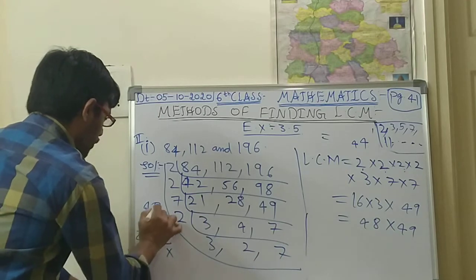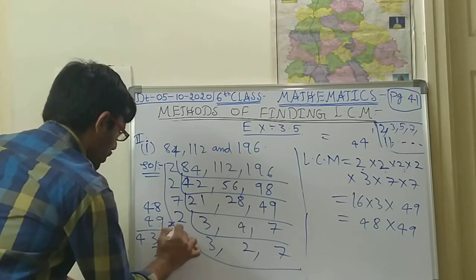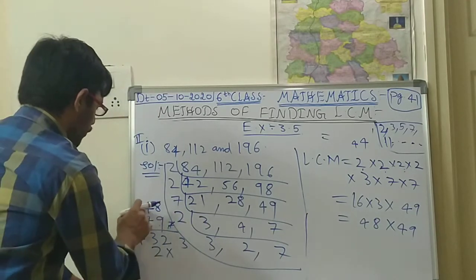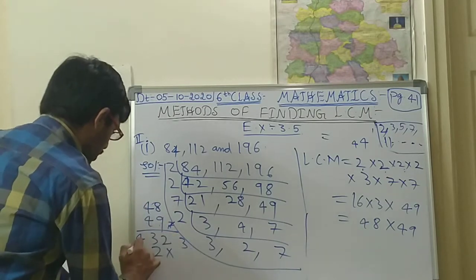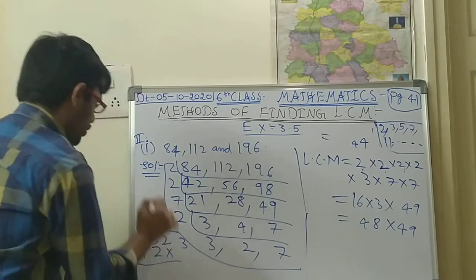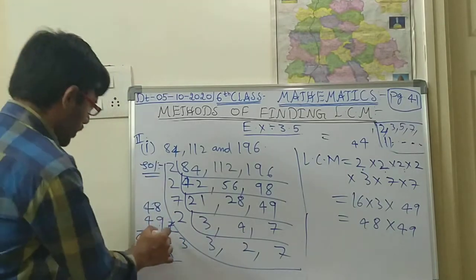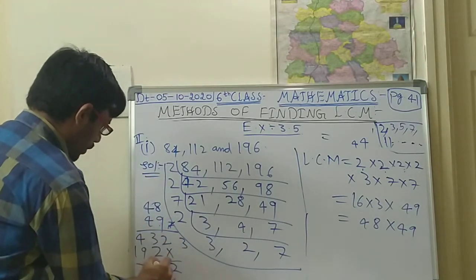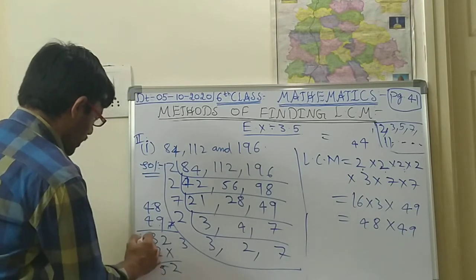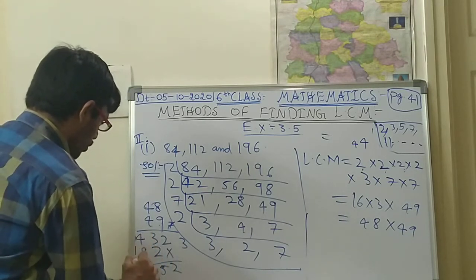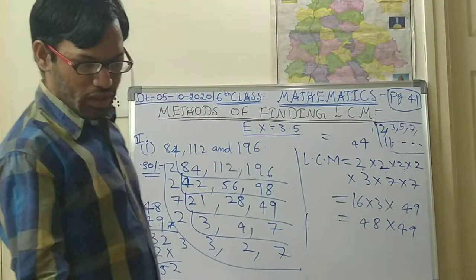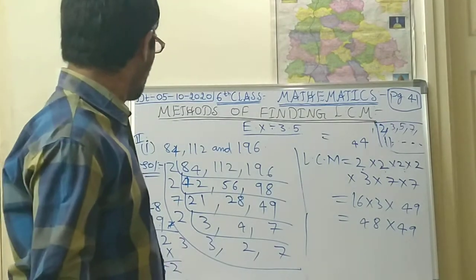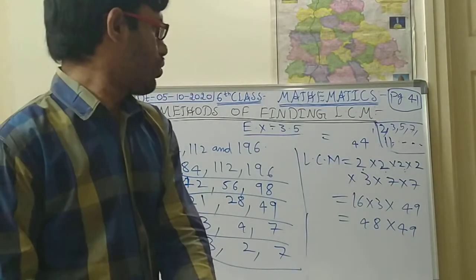Next 4 8s are 32, 2, 3. Next 4 4s are 16, 17, 18, 19. Now write down the answer: 2, 3, 5, 2. You are getting 2, 3, 5, 2.